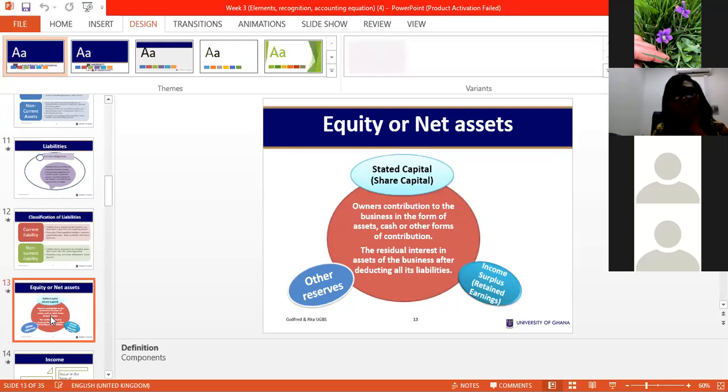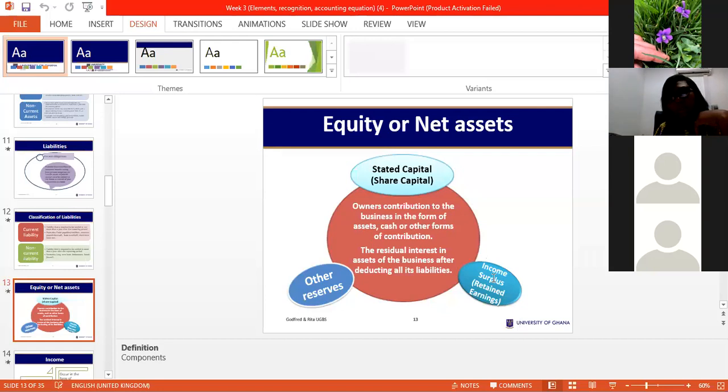If everybody contributes to the functioning of the business to enable the business operate, then that will be stated capital or share capital. It is the owner's contribution. And that contribution could be cash, it could be assets, or any other form of contribution. Aside that, you may also have some surpluses. At the inception of any business, it is the owners who have to contribute to the business.